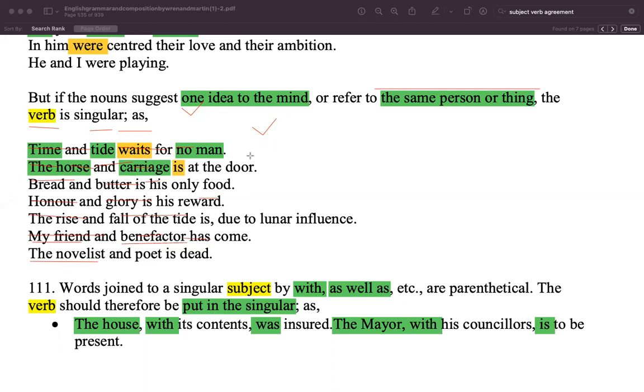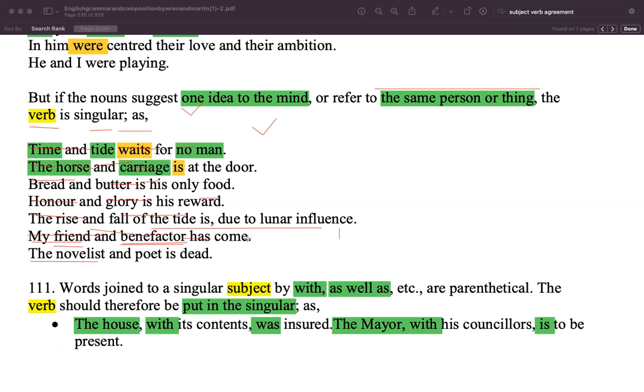But you are one or two? One. So, but two positions are given. Similar to that, here it is also given friend. Whoever is the friend, he or she is the benefactor. So both are referring to one person, right? Both are referring to one person.